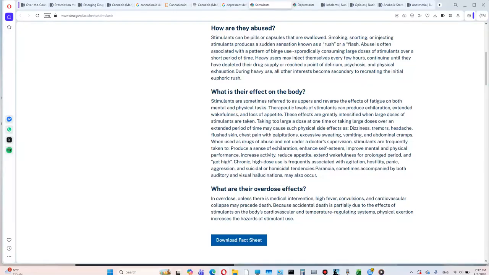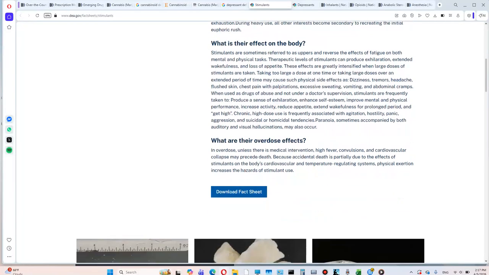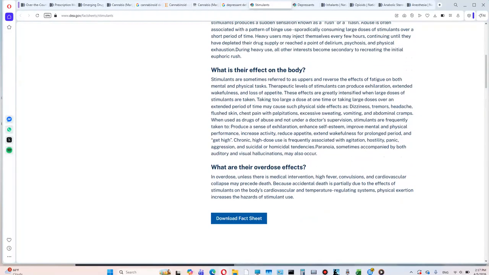Chronic high-dose use is frequently associated with agitation, hostility, panic, aggression, and suicidal or homicidal tendencies. Paranoia, sometimes accompanied by both auditory and visual hallucinations, may occur.